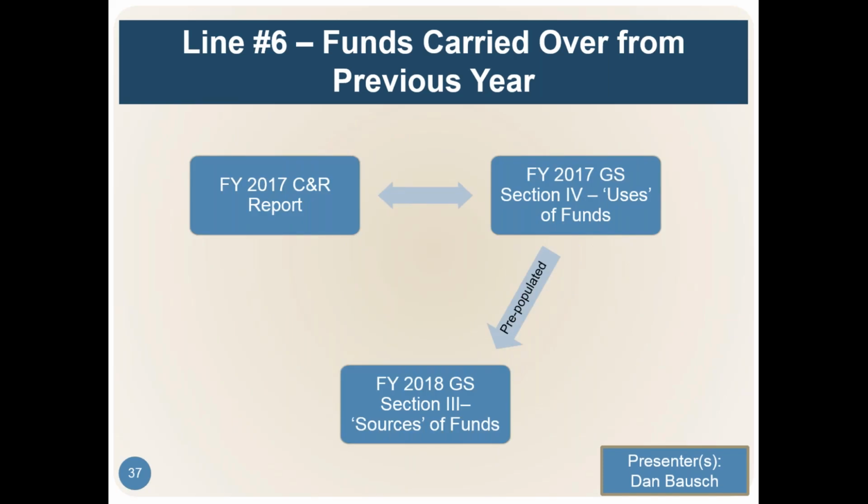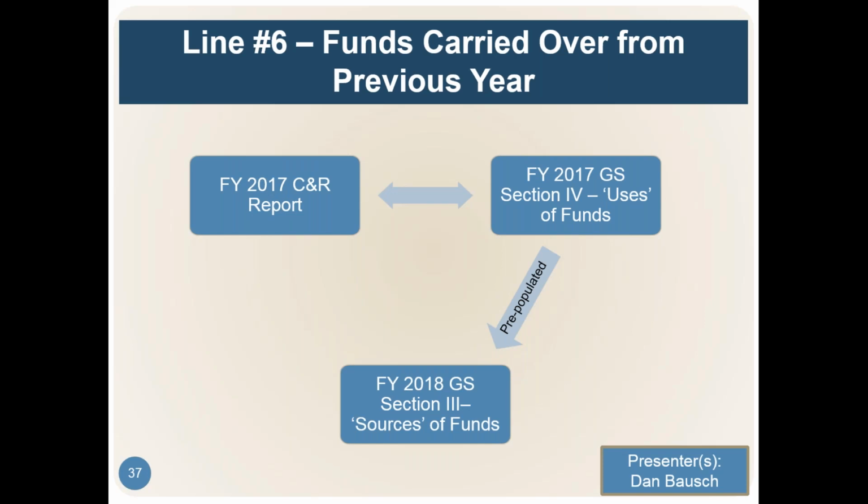So back in fiscal year 2017, each state fills out their carryover and reallotment report and reports the amount they intend to carry over to fiscal year 2018. Then months later, you complete your grantee survey, and you also put that carryover amount and make any corrections that are needed.